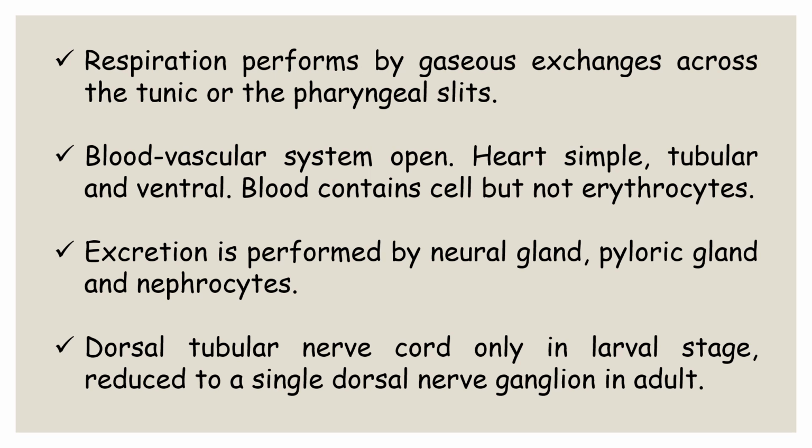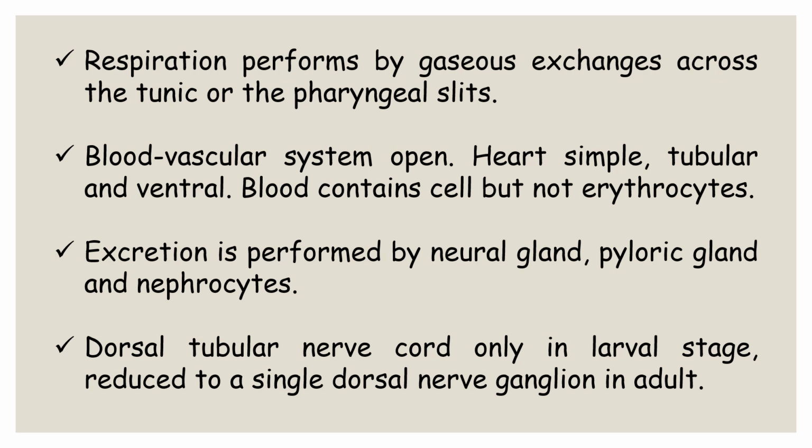The blood vascular system is of open type. The heart is simple, tubular and ventrally located. Blood contains cells, but erythrocytes are absent. Excretion is performed by the neural gland or pyloric gland, and nephrocytes are also present.